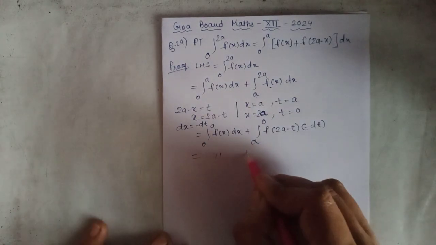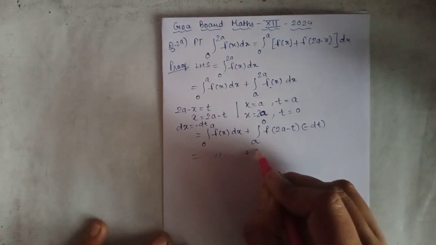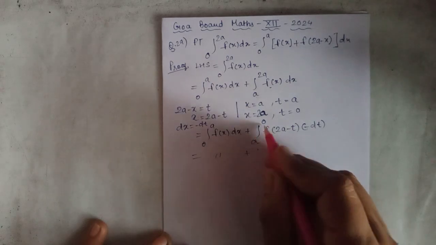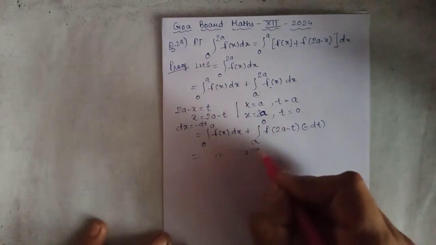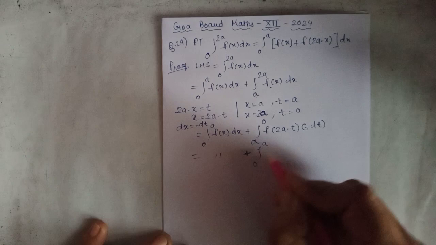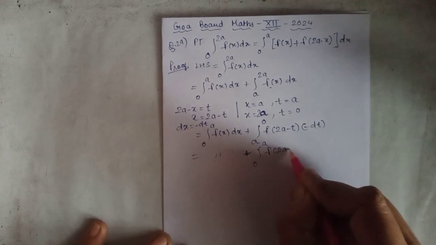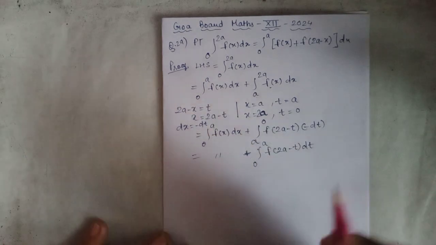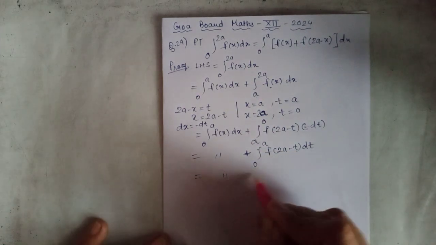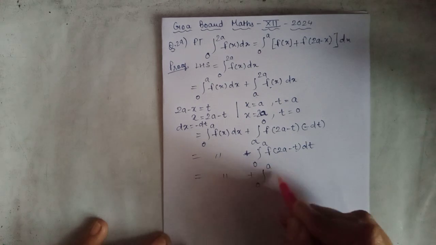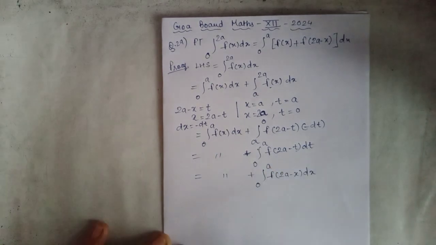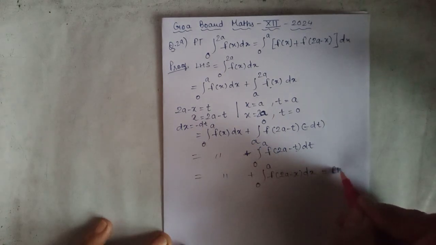This minus sign we can take outside, so the limits a to 0 can be shifted to 0 to a using the property, and this becomes plus. Then in place of t we can write x. So this is proved. This is our RHS.